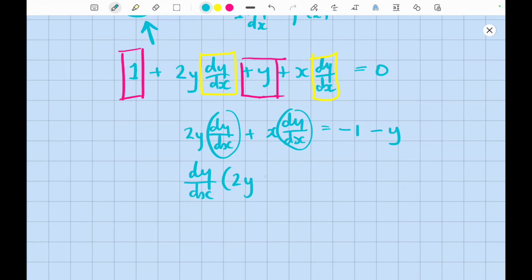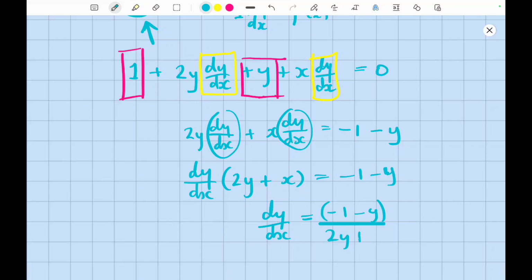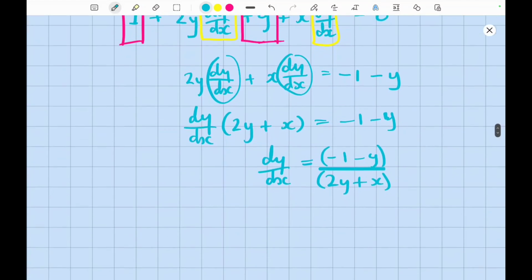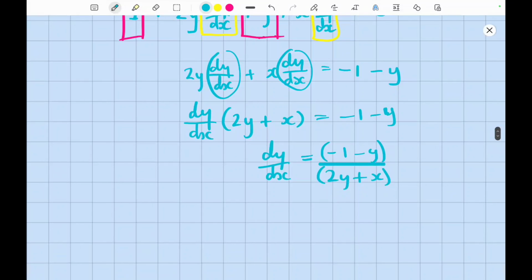So we have this, and I'm sure it's a wrap in everyone's head at this point, but dy dx we get rid of the 2y plus x as a whole thing by division on both sides. Probably time to add a bracket around what's there on the right already. And it looks pretty nasty, but it's the answer.